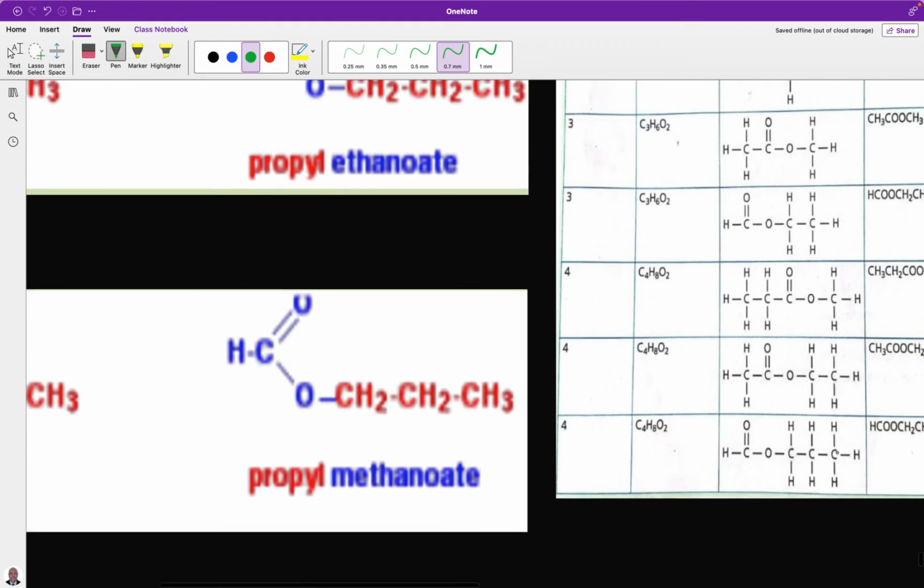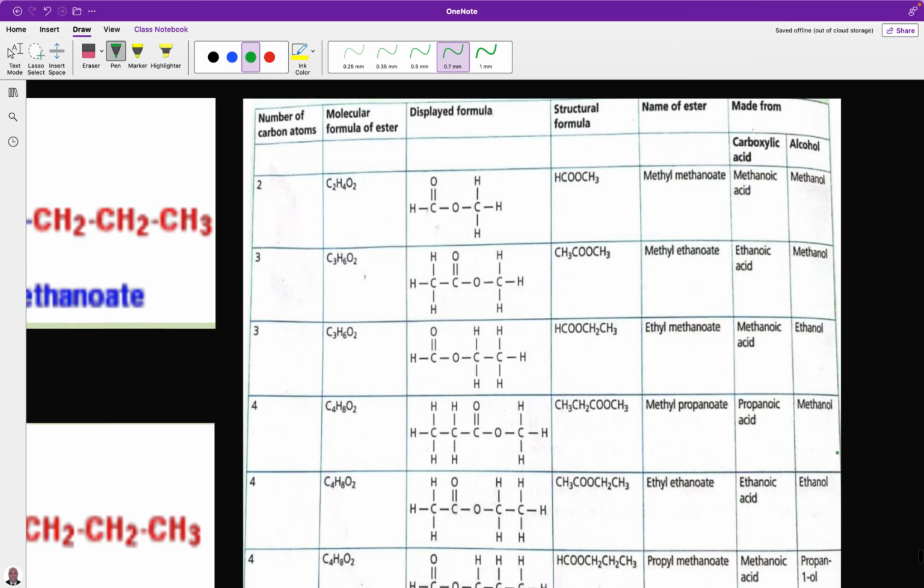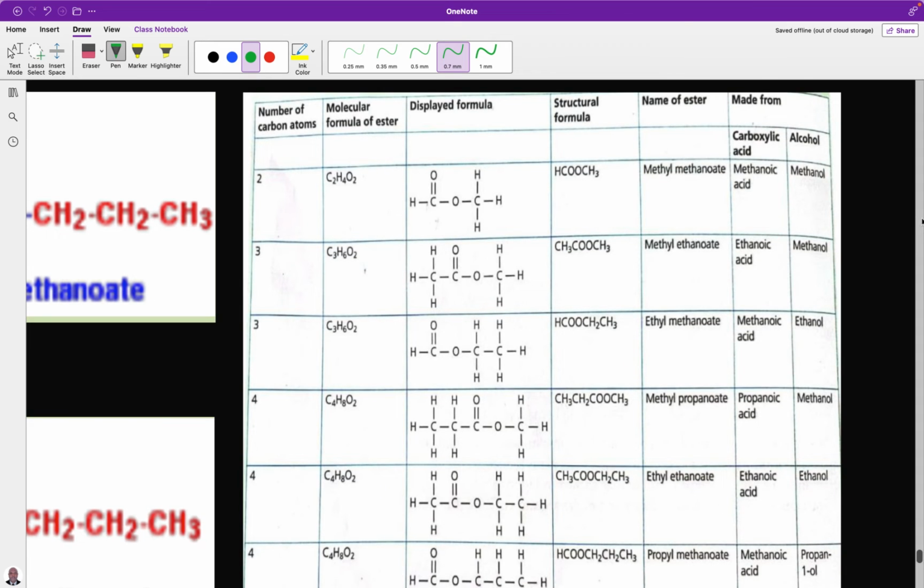An example with many other acids: when methanoic acid reacts with methanol, our ester is methyl methanoate. And this is the structural formula, this is the displayed formula, and this is the molecular formula. They are all two carbon molecules. Now, when methanol reacts with ethanoic acid, we will have methyl ethanoate.